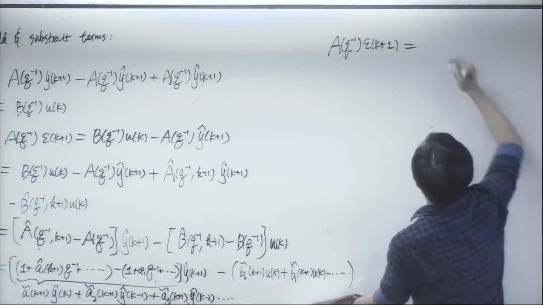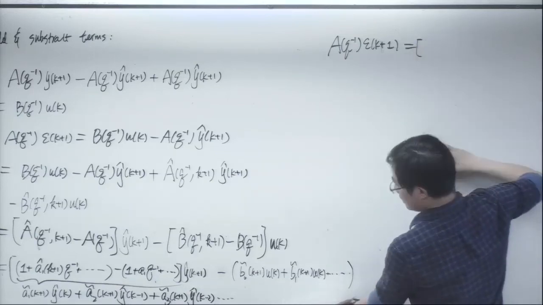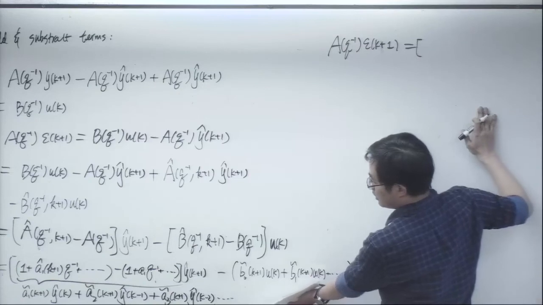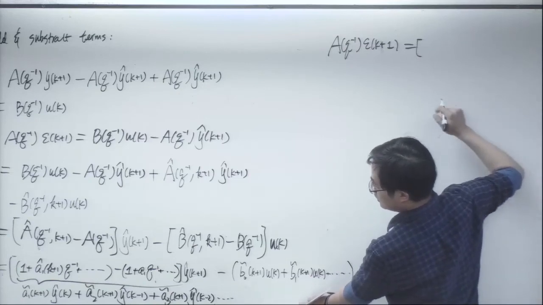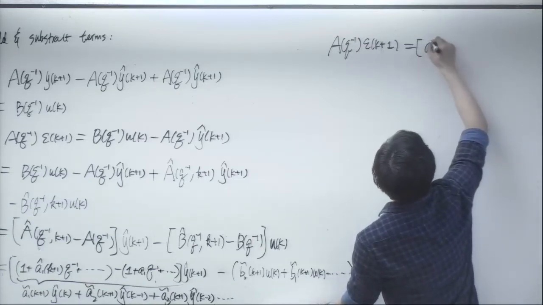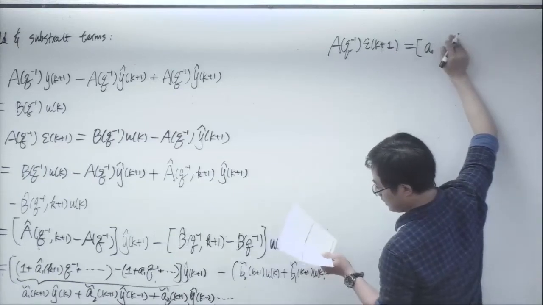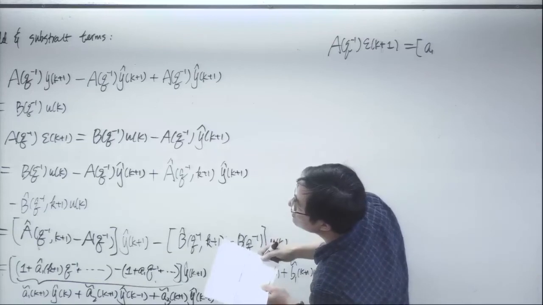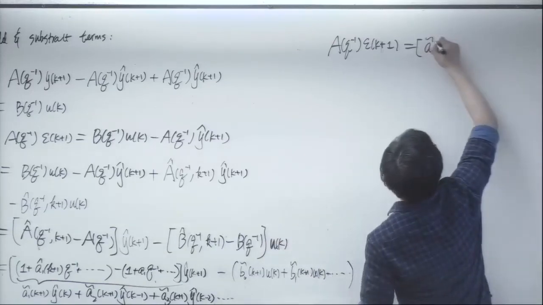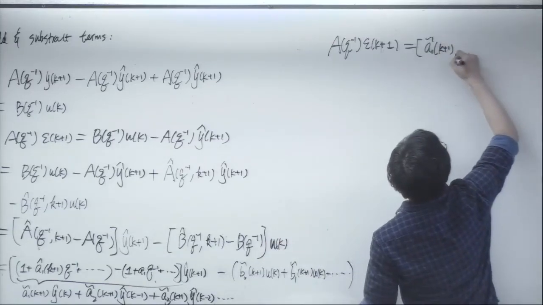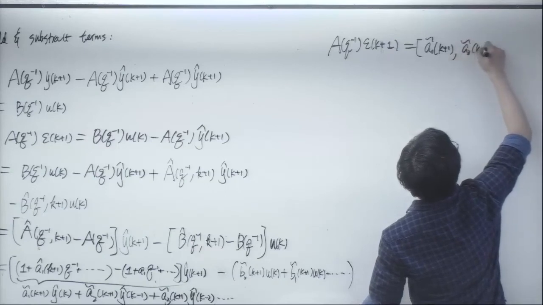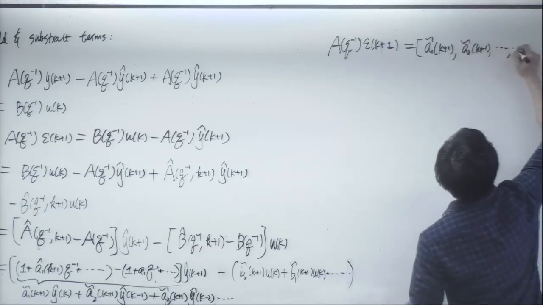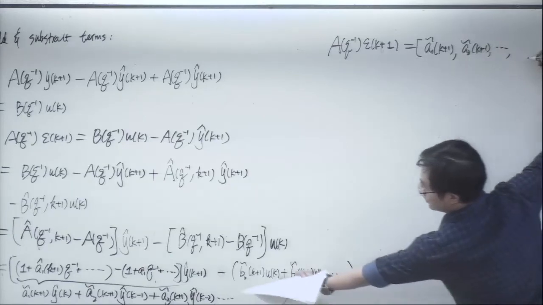I'm going to write the parameter vector first. A1, I'm going to do A1 tilde and then B0.